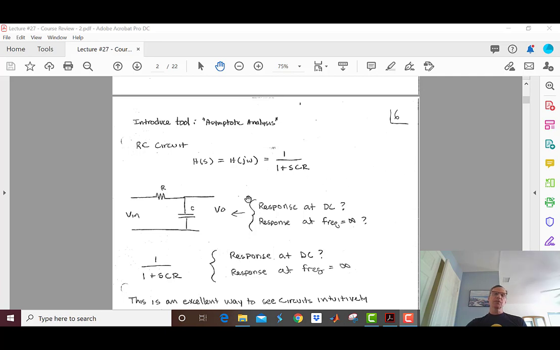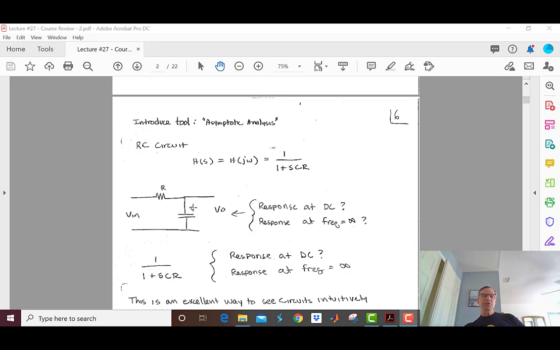So let's just look at our circuit and get the response at DC and then the response at the frequency of infinity, which is what asymptotic analysis is about. At DC, going back to the rules at the beginning of the semester, there's no current through a capacitor at DC or at steady state.